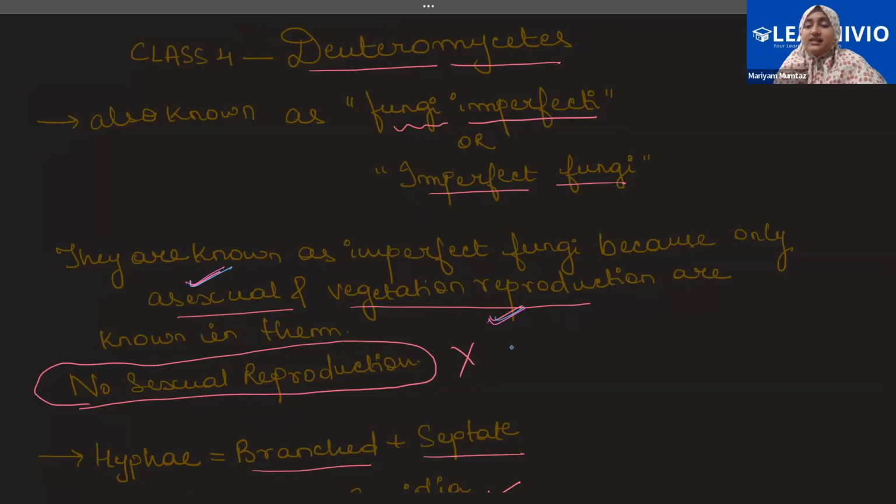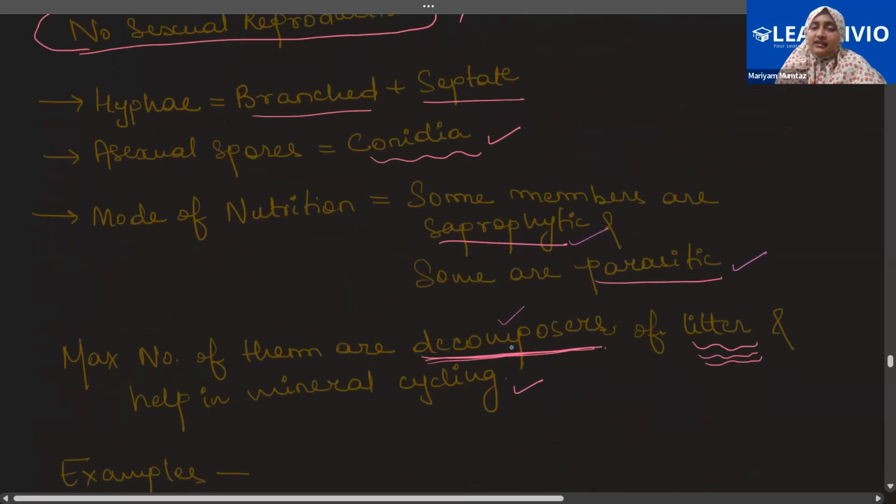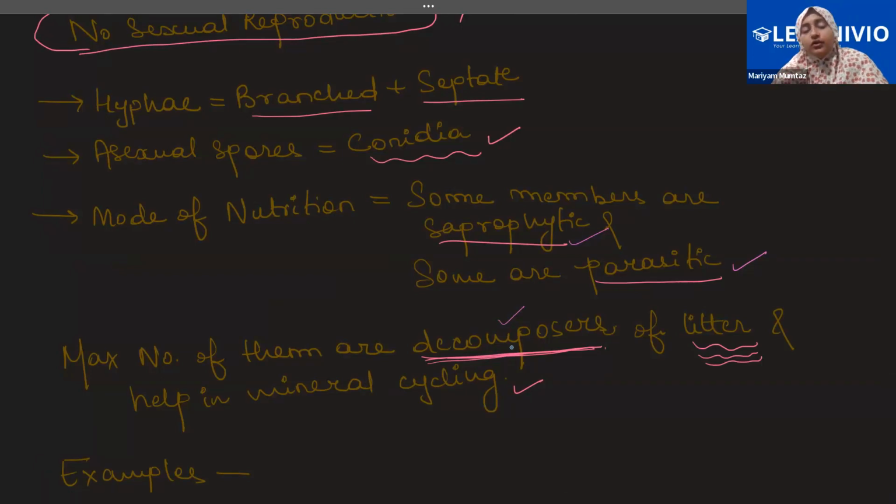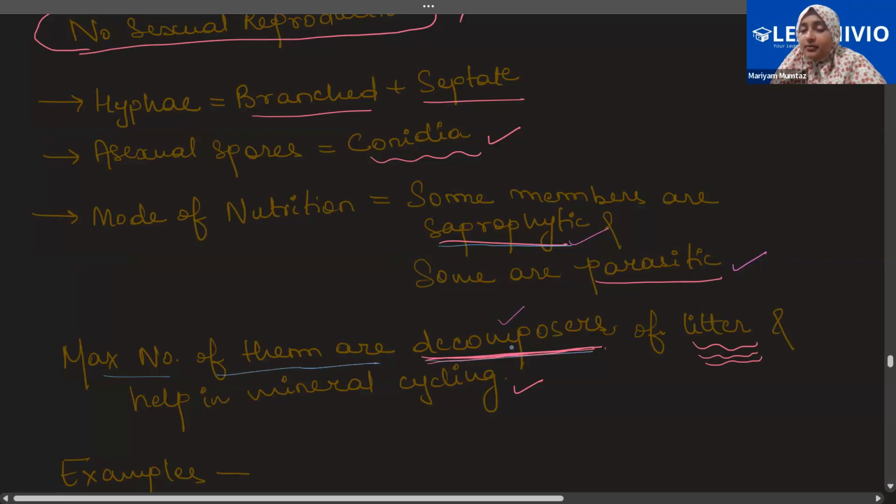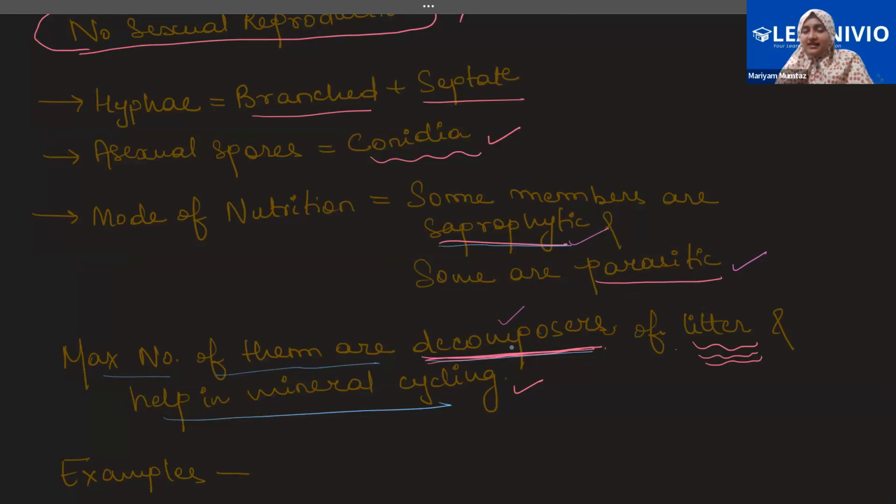The hyphae in them is branched and septate. Asexual spores are conidia. Some members are saprophytic, some are parasitic. Maximum number of them are decomposers of litter and help in the mineral cycling.